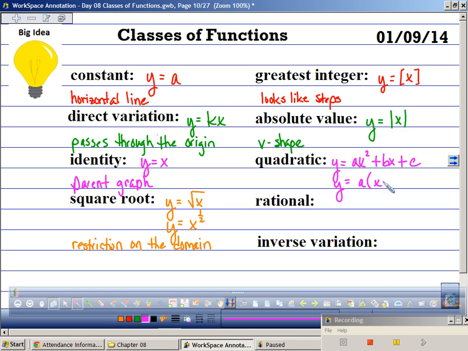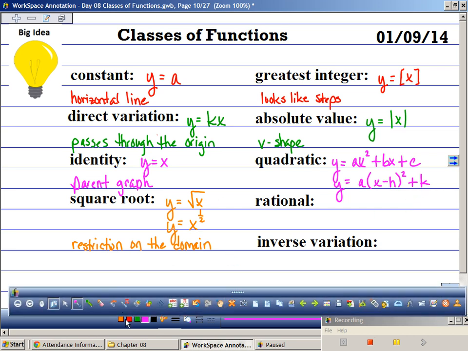Everybody's just guessing whatever they can. X minus H squared plus K. Right? We're going to practice that a little bit.